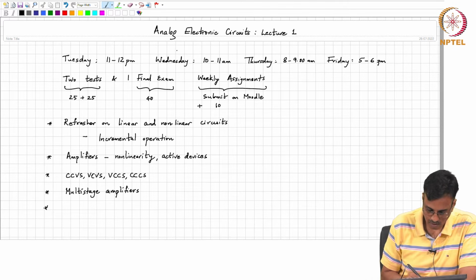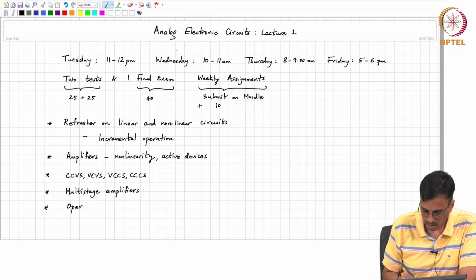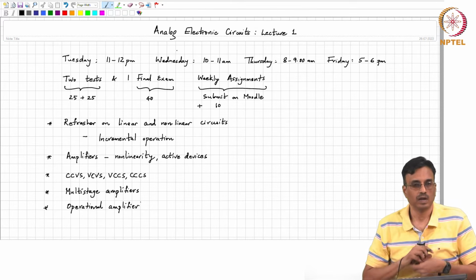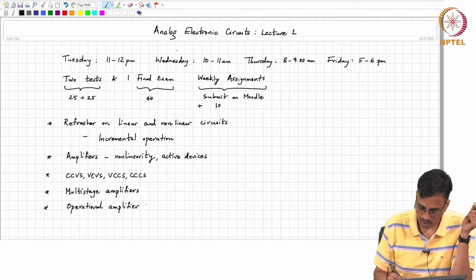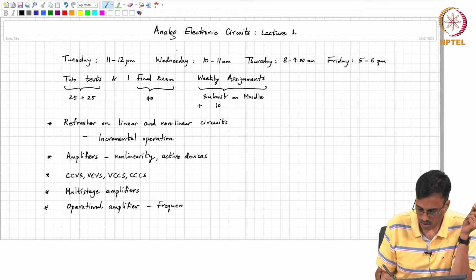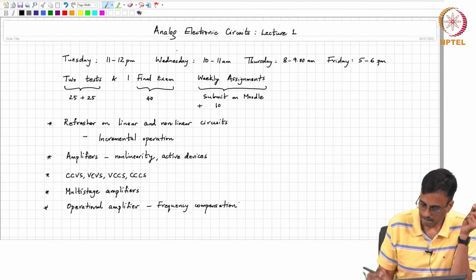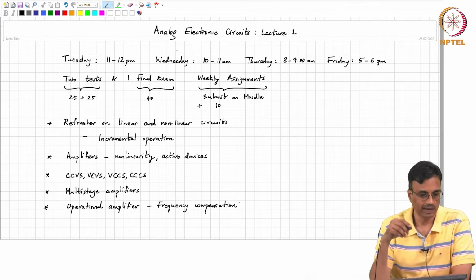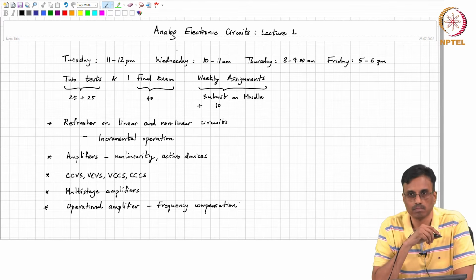And finally, look at the operational amplifier. In that process, we will learn about frequency compensation, and how to stabilize a potentially unstable system.